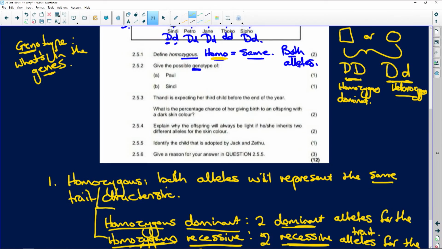So genotype is what's in the genes. Phenotype is what is visible physically. Phenotype is what you see. Genotype is what is in the genes. So you could have black hair, but you could have a baby that has blonde hair.